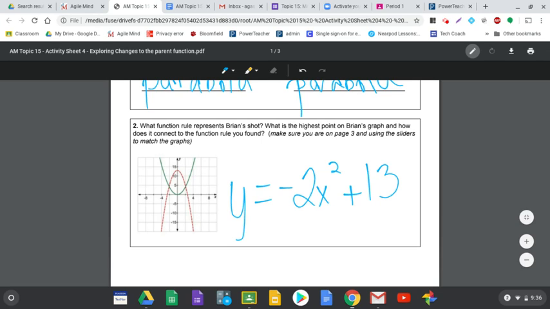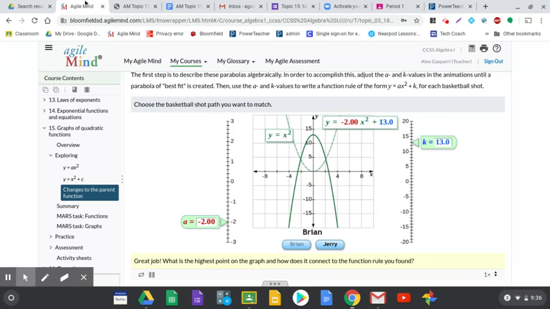What is the highest point on Brian's graph, and how does it connect to the function rule you found? Well, if I go back to look at my parabola, my highest point is our vertex. That's a maximum. So the highest point is 13.